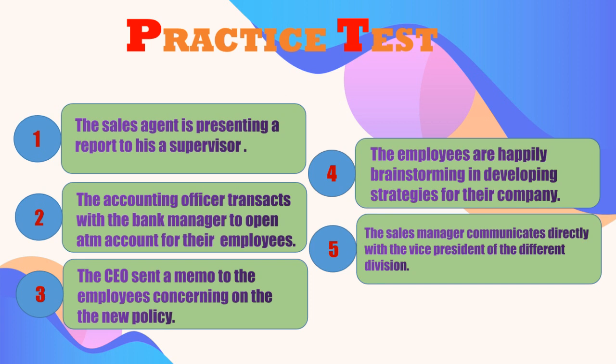Then the last one, the sales manager communicates directly with the vice president of a different division or department. This is the answer: diagonal communication flow.